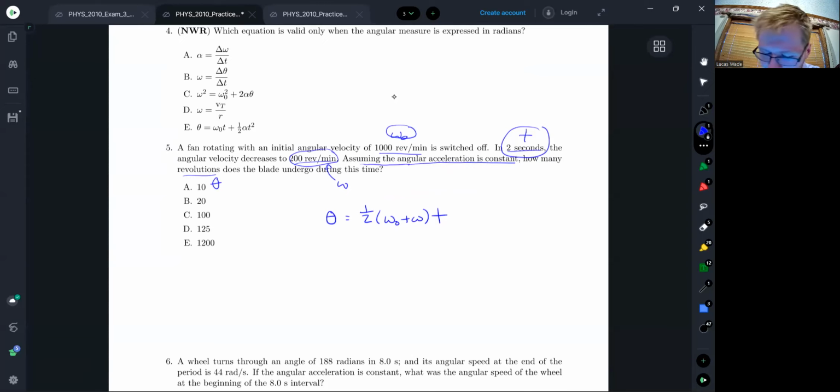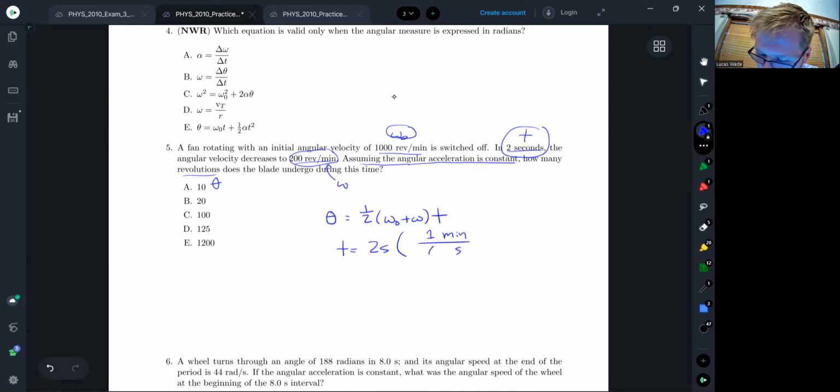So I'll do it separately and then we'll just put everything into this equation. But the time is 2 seconds, but we want it in minutes. So we need to get minutes out, but get rid of seconds. How many seconds are in a minute? 60. Yep.